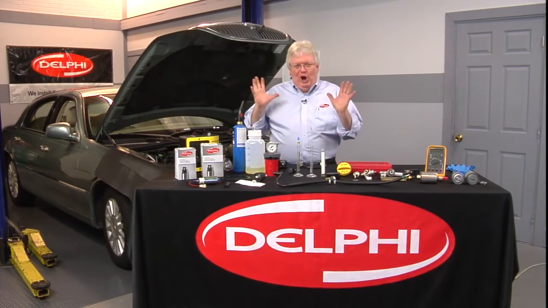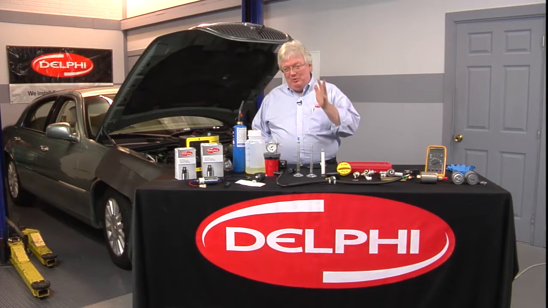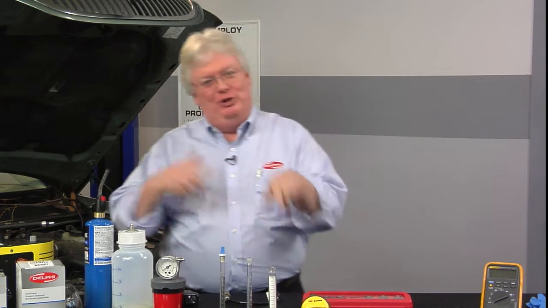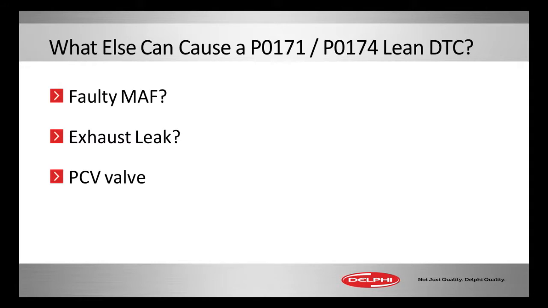Pay dirt, sorry. Hey, other things that can cause a 171 and 174, before we get to what can also cause rich conditions, is you can have a faulty mass airflow. Now, speaking of faulty mass airflows, is it really the engine breathing less or more, or is the mass airflow lying? Which comes first, chicken or the egg?